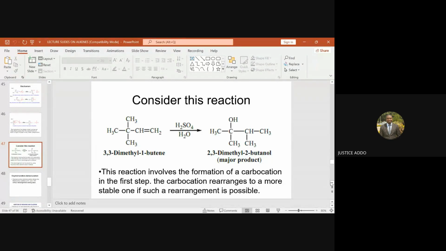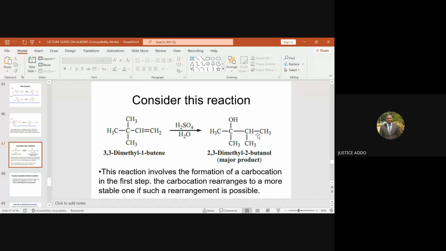So now I have an alkene, I have water and an acid, so I'm supposed to form an alcohol. Now we say that the reaction follows Markovnikov's rule. So you expected that the H plus from the acid should come to this carbon. Then the OH from the water will come to this carbon and you form an alcohol.